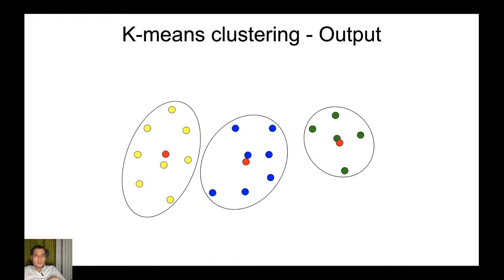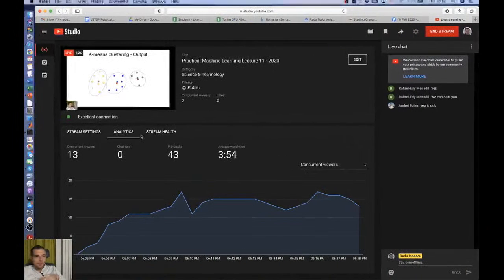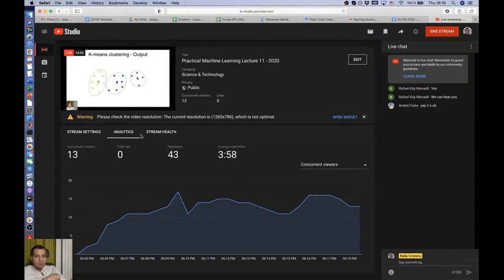When you try to group the data points into clusters, these clusters will have a specific shape, let's say, or geometrical formation. Can you guess what this formation would be? Okay, I'm waiting for the answer.